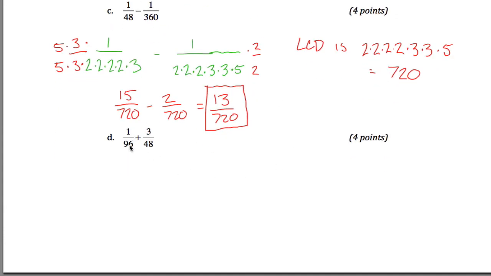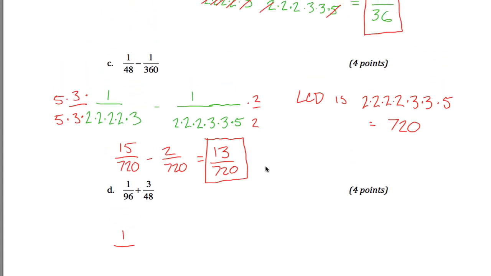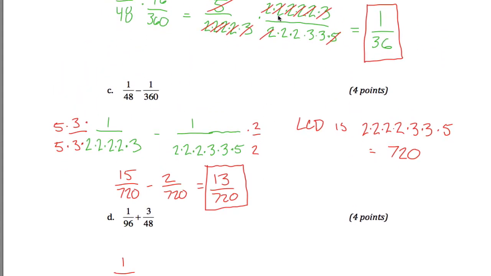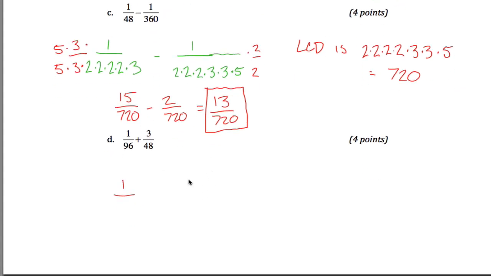And then one more, 1/96 plus 3/48ths. Okay. 96, I have right here, that's 5 2's and a 3. 48, I have over here, it's 4 2's and a 3.